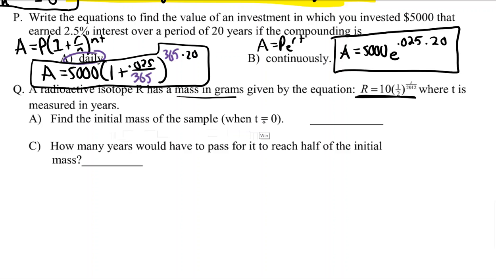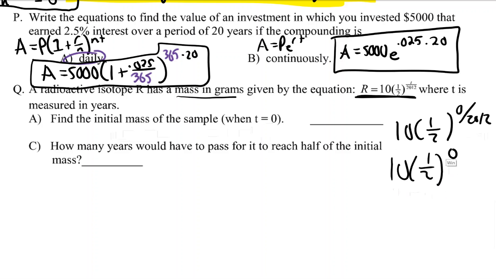So initial mass would be at the start or when time is 0. So plug in 0 for time and solve. 0 divided by anything is 0. Anything to the 0 power is 1. 10 times 1 is 10. So at the start, you start off with 10 grams.